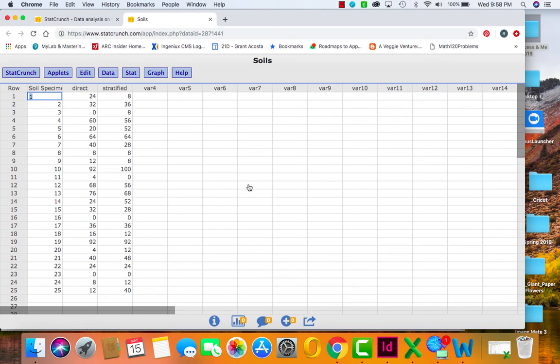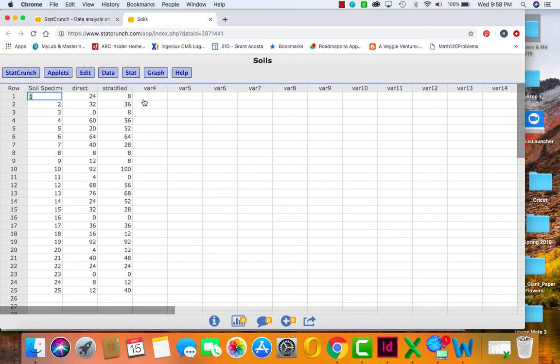Hello. I wanted to take a moment to go over some of the problems on the take home portion of the exam 3. One of the questions was on how to do the histogram for the data from StatCrunch. So remember, it was the soils data, and you had the direct seed and the stratified.